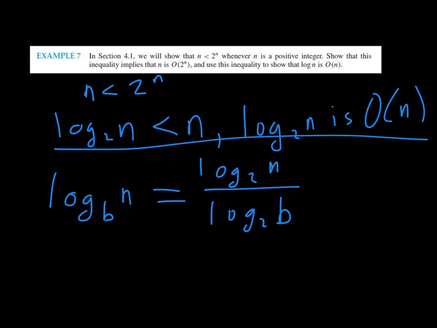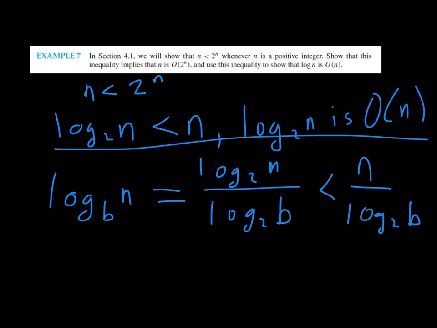But because of this inequality right here, we can say that log base 2 of n over log base 2 of b is less than n divided by log base 2 of b. Note that this is just a constant, because b was just an arbitrary base, and 2 is a real number, so log base 2 of b is a real number.